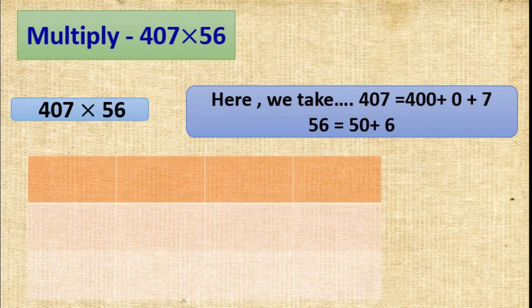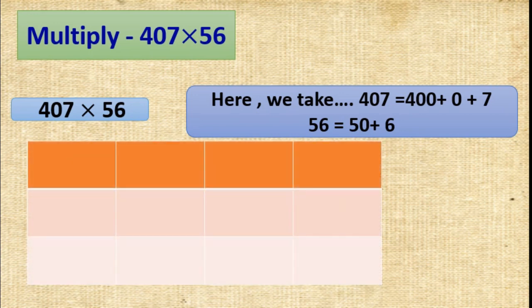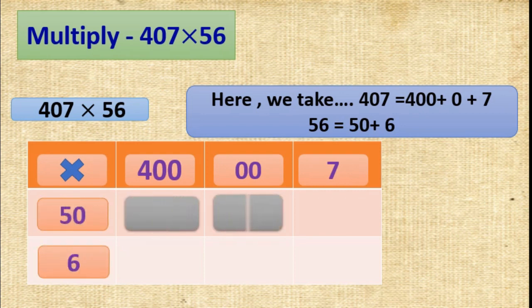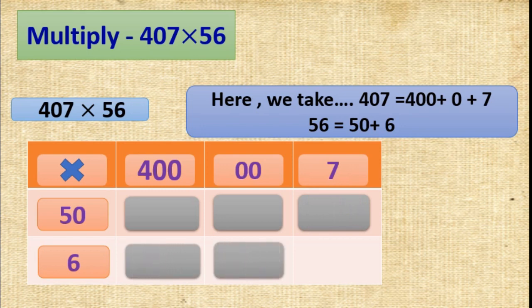Okay, this is the table. Now we will write here 400 0 7. Here we will write 50 and here 6. Okay, and we are going to multiply all these numbers by 50 and then by 6.